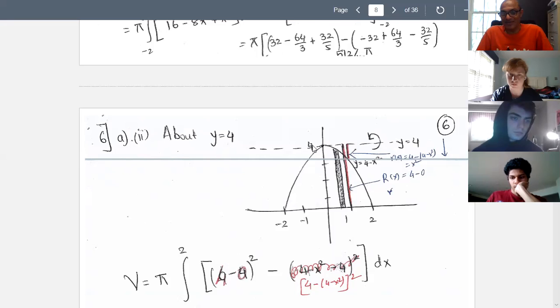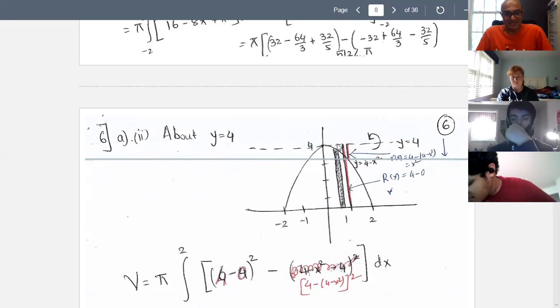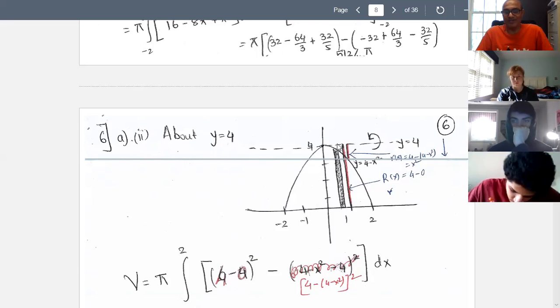But if you take now y equal to 4, my strip does not touch the axis of revolution. Look here. Now I am using the washer method. I told you it is you, only you, who decide whether it is disk or washer. Decide yourself. That's easy.